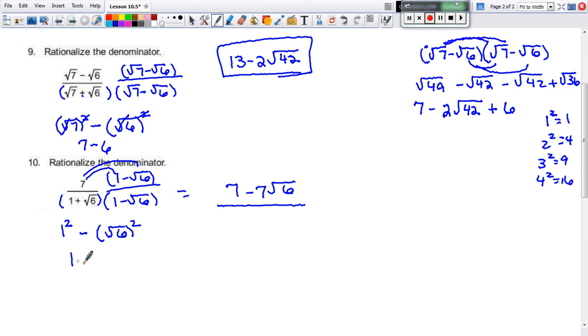So you get 1 minus 6, the square root and square cancel out. You've got a negative 5 on the bottom of that. The only thing is you have to factor the top to make it simplified. So you get 7 and in the parentheses 1 minus the square root of 6 over negative 5. So technically I didn't even need to, all I had to do to rationalize the top is just put them together. So this is the answer to that one.